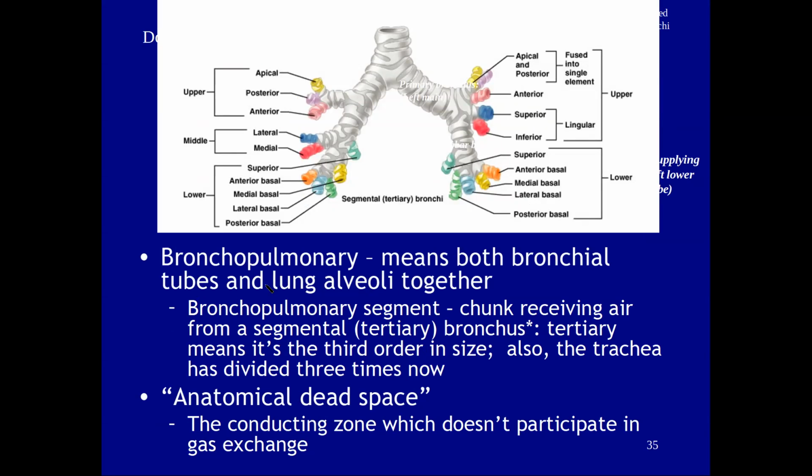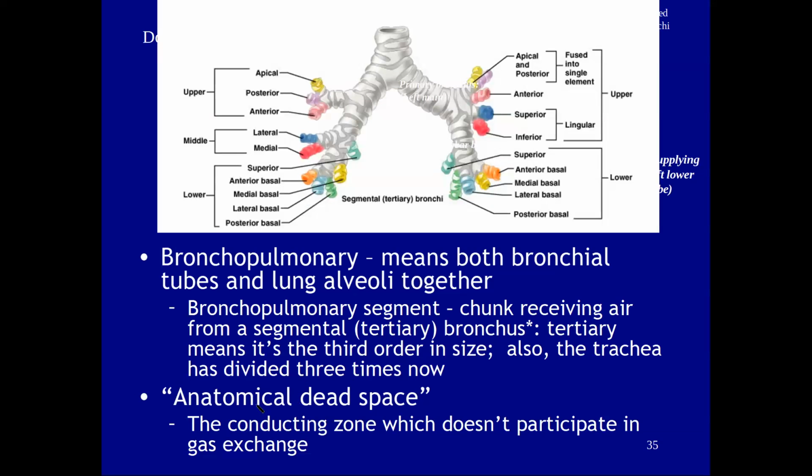Now, I do want to mention something here, though. It says here, a bronchopulmonary segment is a chunk receiving air from a segmental bronchus, right? So remember what I said, the segments are the smallest visible division of the lung, right?